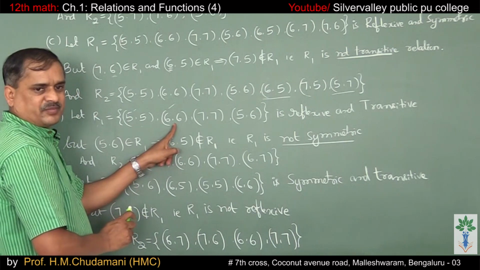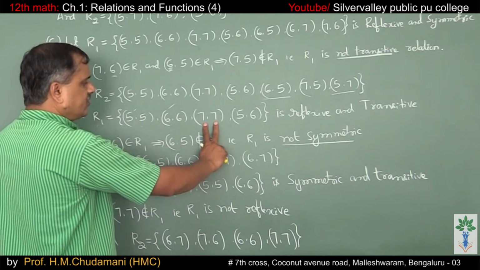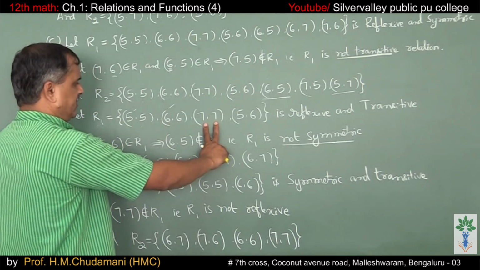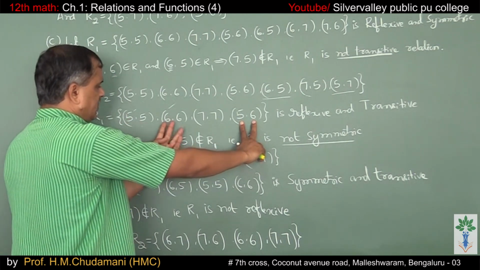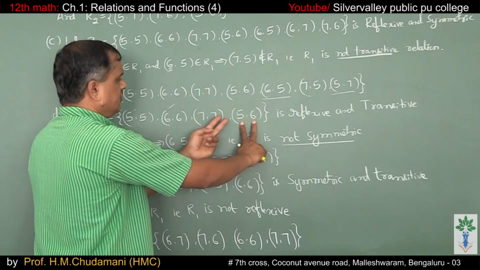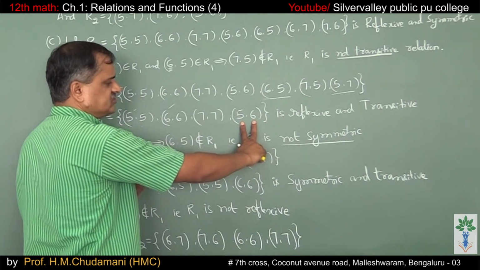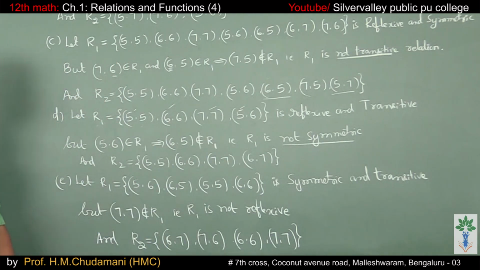So the second ordered pair itself does not exist, which means it is transitive. Along with 7 comma 7 you can't take any of the ordered pairs. Along with 5 comma 6 you can take 6 comma 6. 5 comma 6 and 6 comma 6 means 5 comma 6, it is there. You can't take this also. So therefore, for all the elements it is transitive.